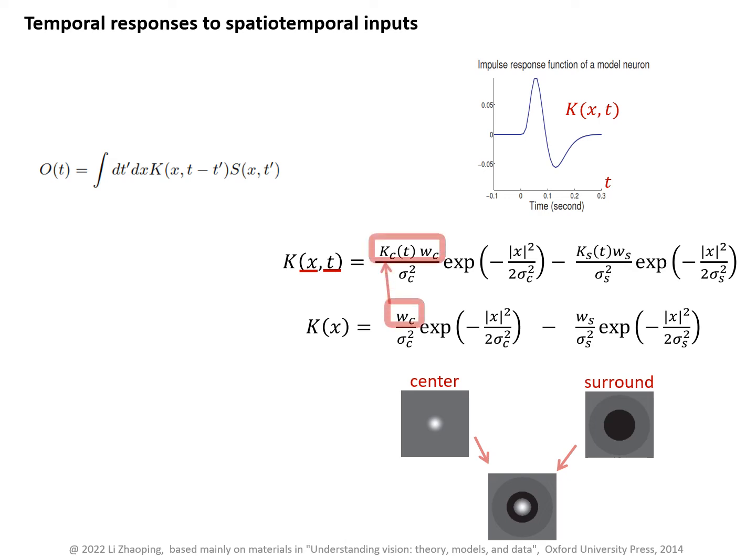The scalar weight Wc for the center is expanded by an additional temporal function Kc as a function of time, and similarly the scalar weight Ws for the surround is also expanded by another temporal function Ks. Both of these temporal functions are qualitatively like this impulse response function.